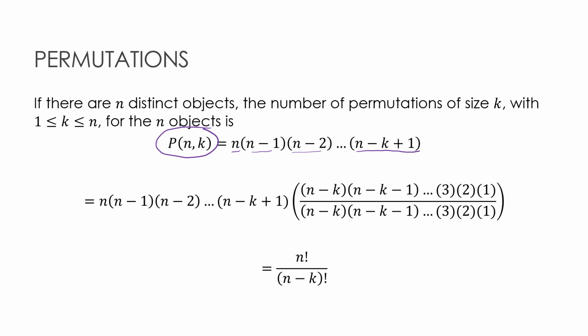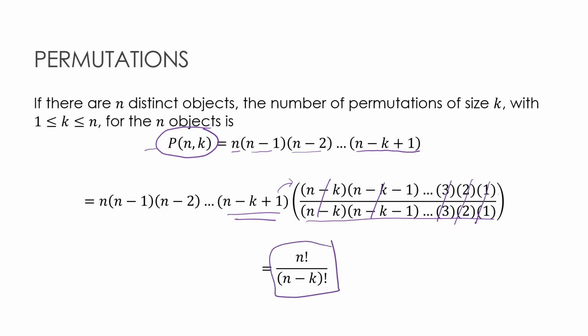Now, if I wanted to rearrange that a little bit, essentially what I did was I took this all the way down to the factorial on the top, all the way down to 1, but I'm actually dividing it by something, which is why all of those other things are canceling out, making it stop right here. Now this is an important concept because that's what allows us to get to this point.